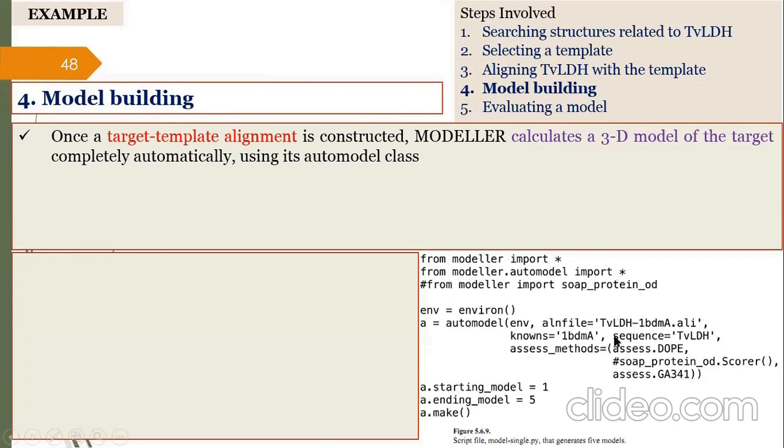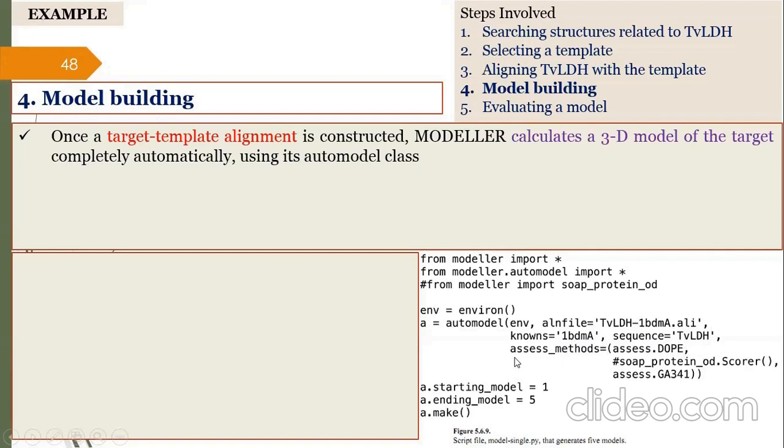Looking at this script, you need to understand that we ask Modeler to automodel the TVLDH and 1BDMA alignment .ali, and what Modeler knows we will write as knowns. Modeler already knows the sequences of 1BDMA and TVLDH: this is the query and this is the template.